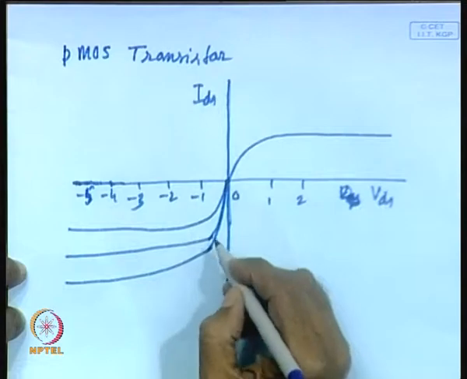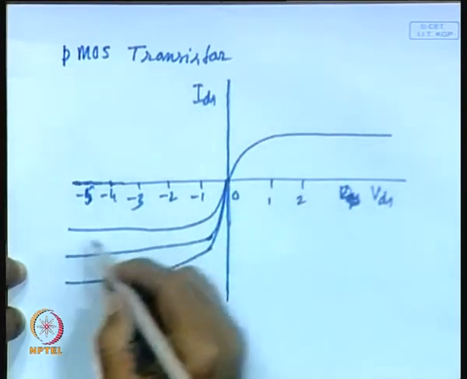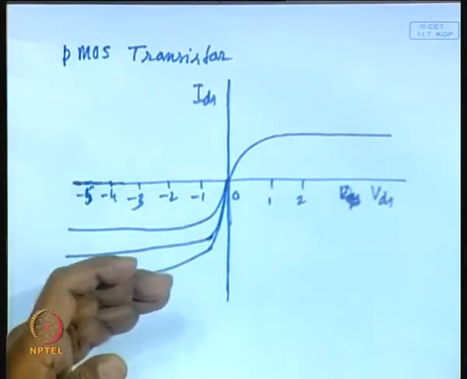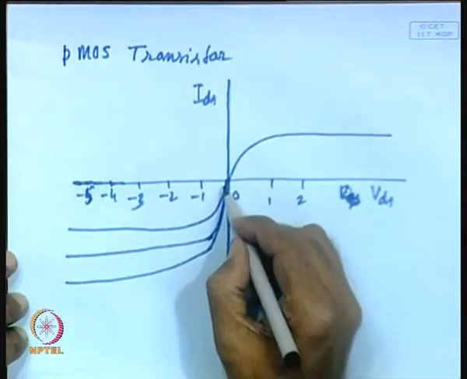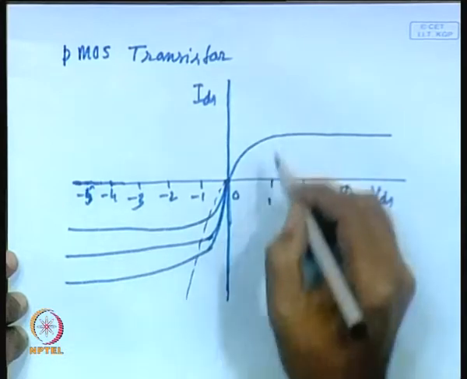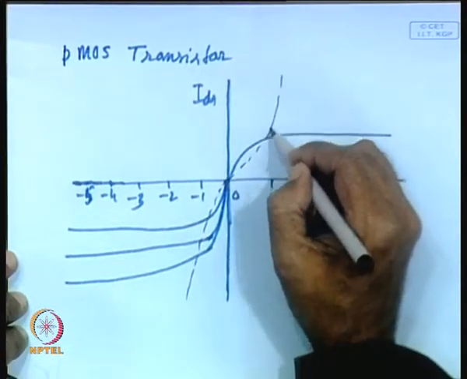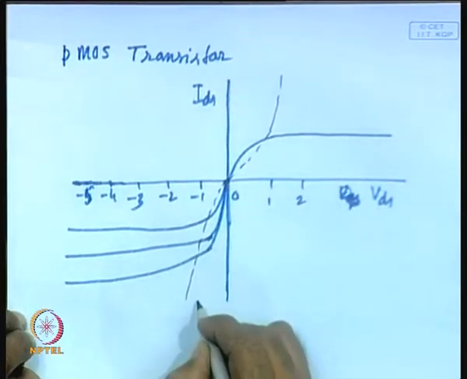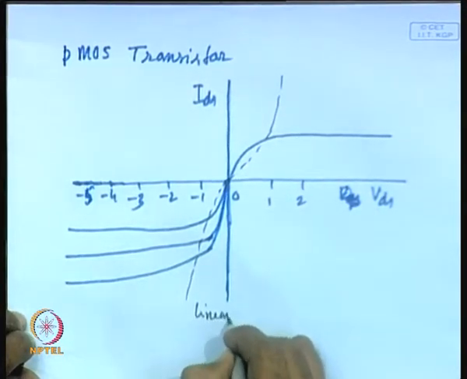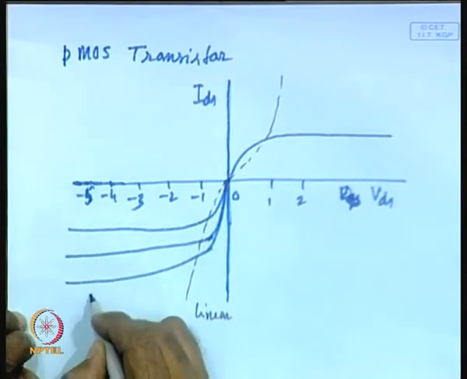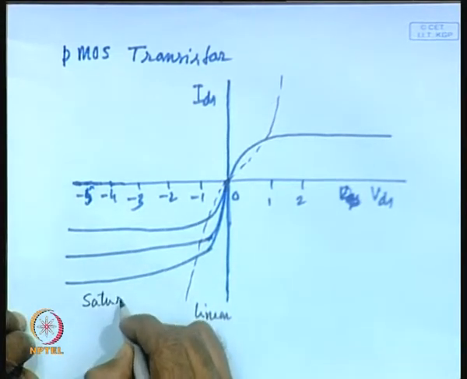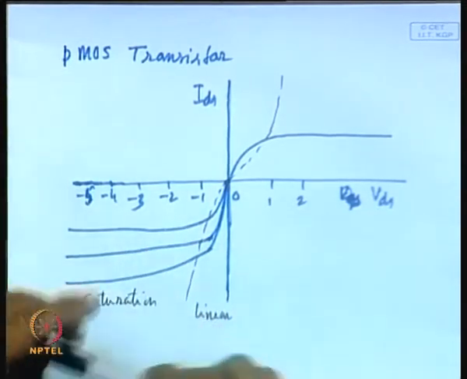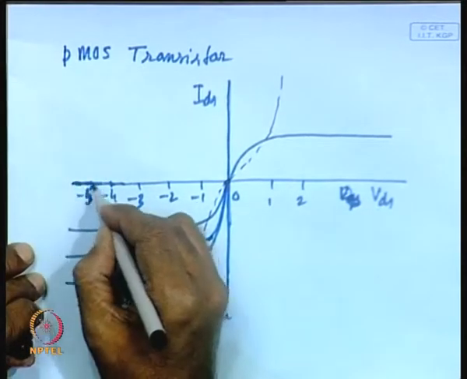And just like your NMOS transistors, here also there are 3 regions, cut off. So, just like your NMOS transistor, here also you have got linear region, this is the saturation region, and this line obviously will represent the cutoff region.